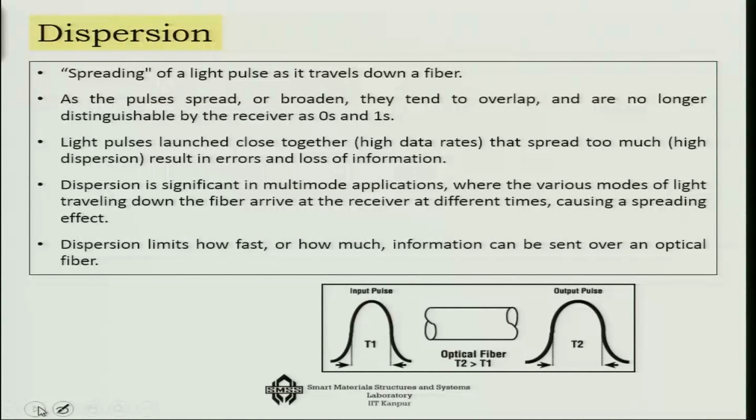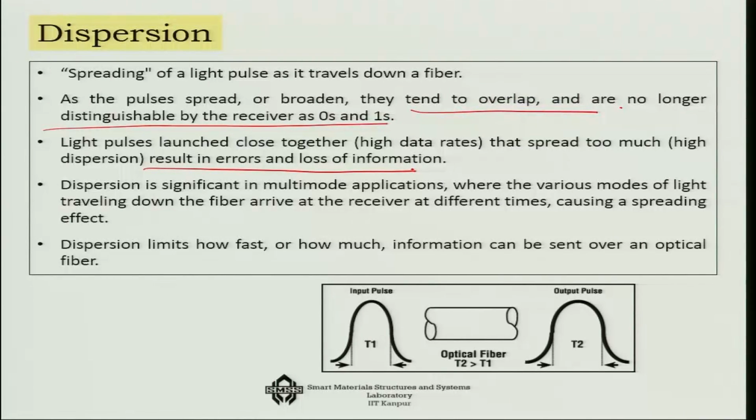The third problem is the problem of dispersion. This is the spreading of a light pulse as it travels down a fiber. As the pulses spread or broaden, they tend to overlap and are no longer distinguishable by the receiver as zeros and ones. Light pulses launched close together at high data rates that spread too much result in errors and loss of information.